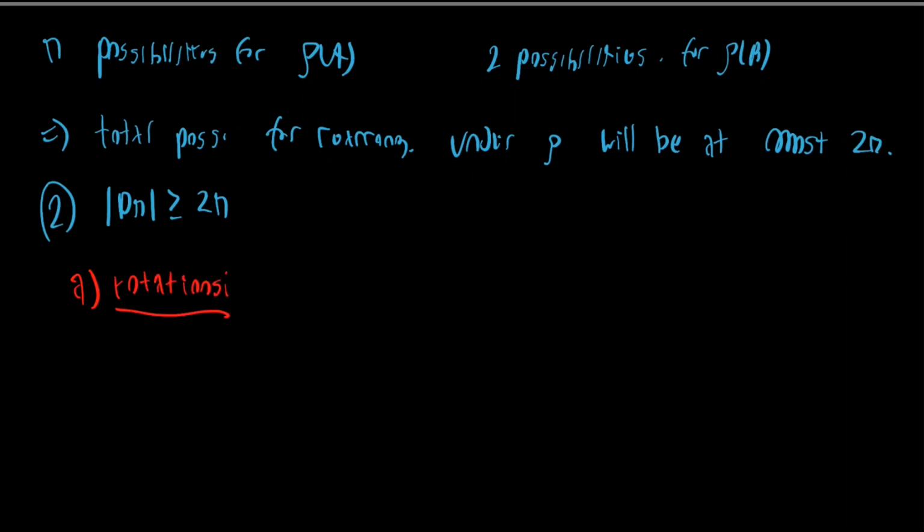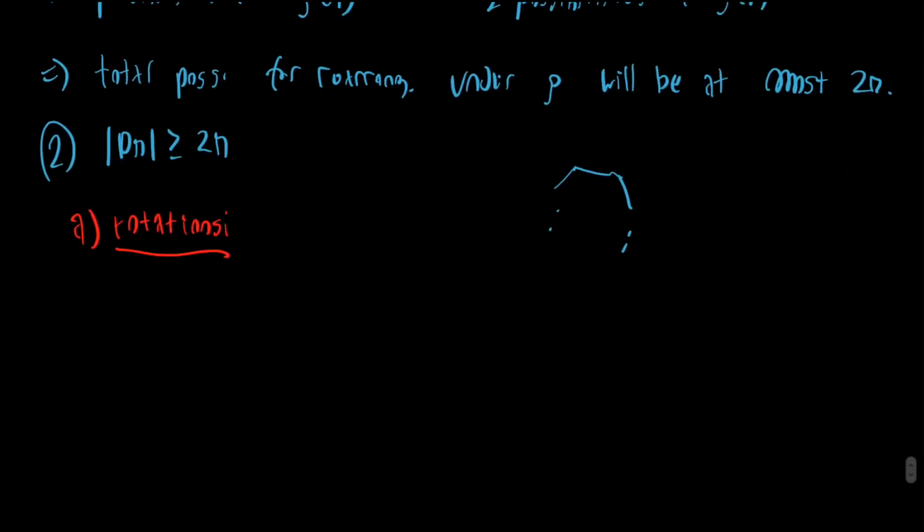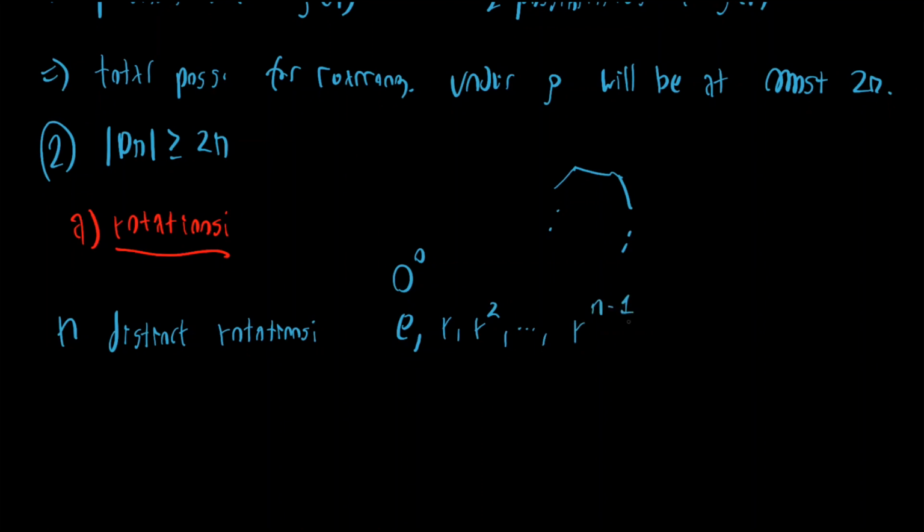Now, for rotations, we notice that if we have an n-gon, as we showed before, we can have n distinct rotations. And what are these? These are the identity rotation, meaning 0 degrees, and then r, r squared, up to r to the n minus 1. And what is r?